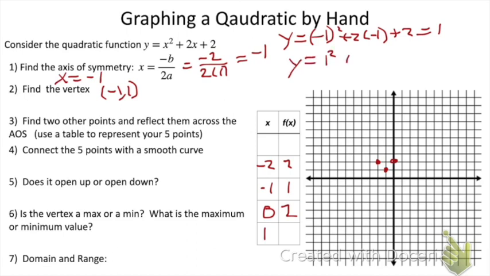So we have 1 squared plus 2 times 1 plus 2. And when you do this, you get 5. So 1 goes to 5, which is right here. That means that negative 3 also goes to 5 because we're mirroring it, which is right here. And then in step 4, we could connect with a smooth curve.